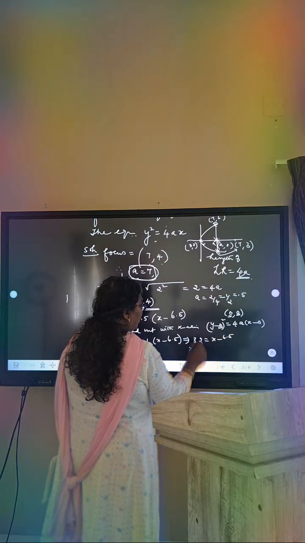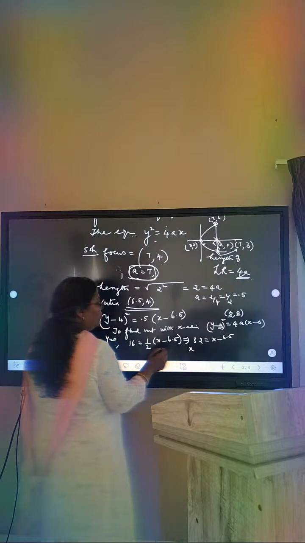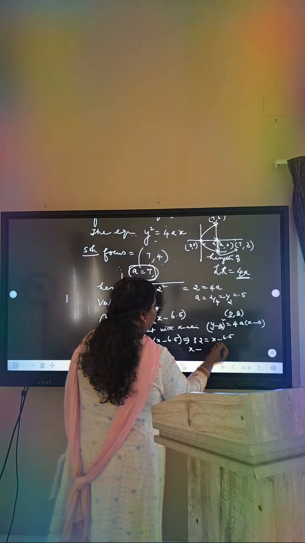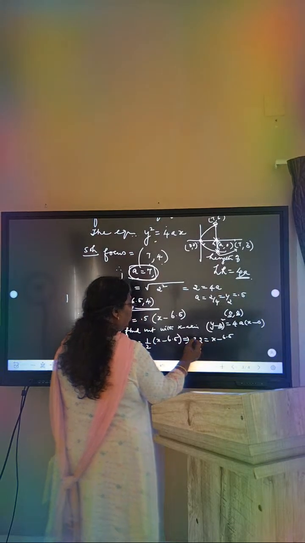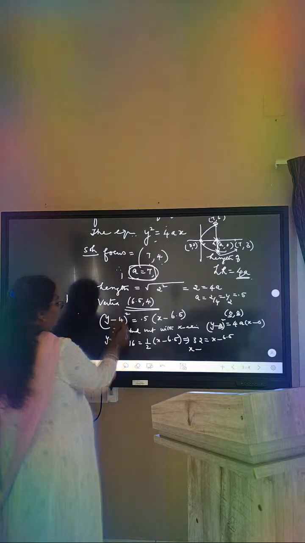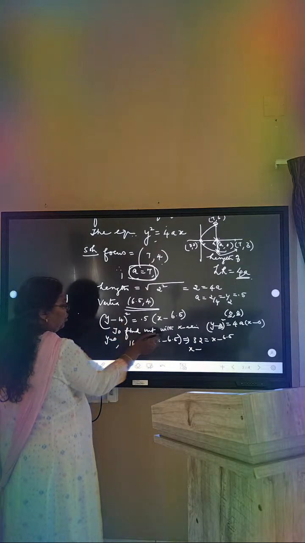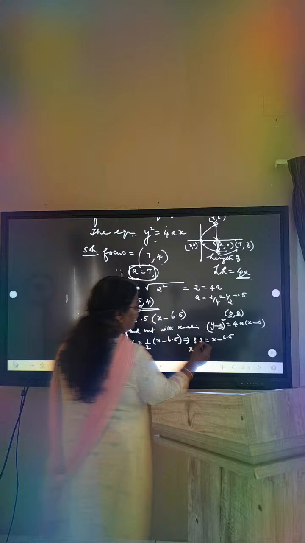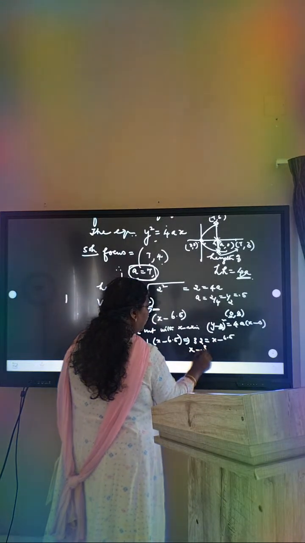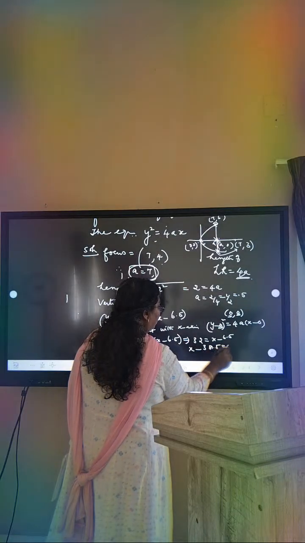When it comes to this side it is minus 32. Because here it is 16, so 16 into 2 is 32, so when it comes this side it is equal to 32 plus 6.5, and that is 38.5.